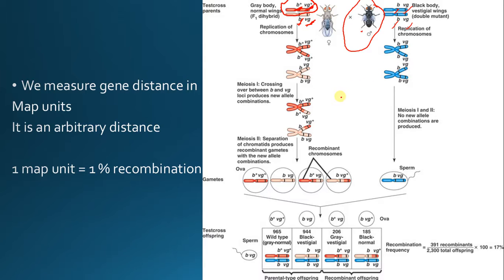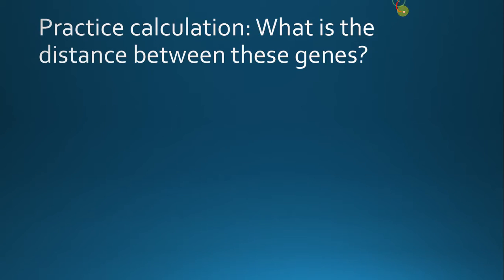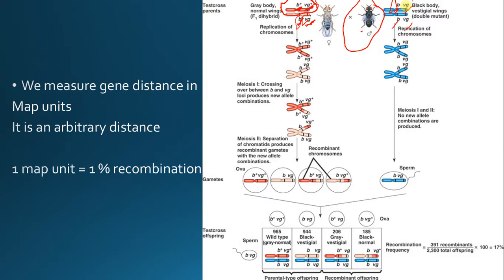Okay? What we would expect is that just as many would inherit the B plus and VG plus from the mother as b and vg from the mother, and that all offspring would inherit the lowercase b and lowercase vg from the father. But what we get out is that most of them have the 2 dominants or the 2 recessives, but some have one of each.